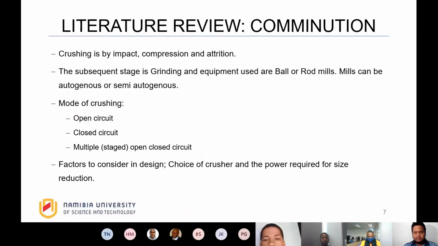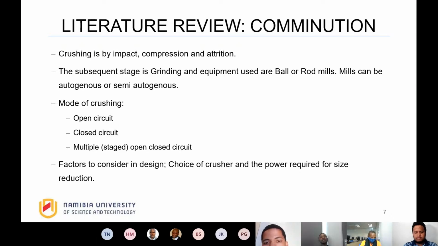Just to mention, we have ball mills and rod mills, and they could be autogenous or semi-autogenous.